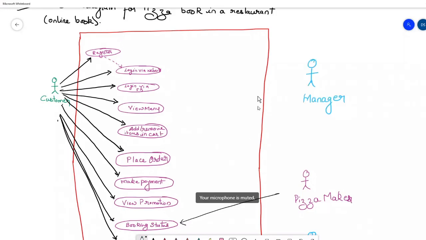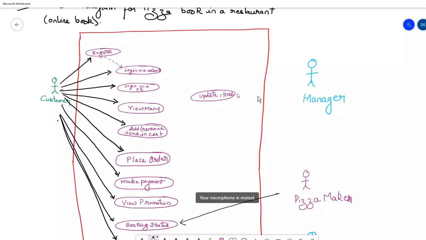Let's see what he can do. He would simply update the items which are available at that particular time. I would write: update stock or items, or food products. This would be his work.